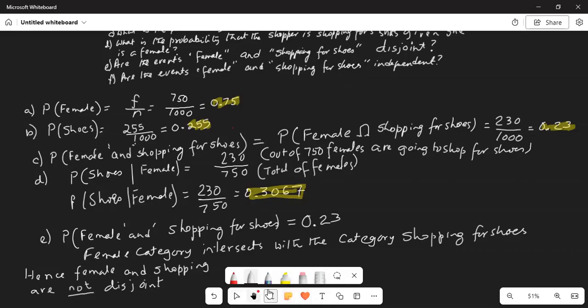Okay. So now we are supposed to do part F. Are the events female and shopping for shoes independent? So let's create some space.